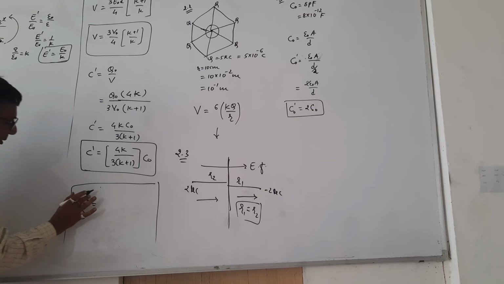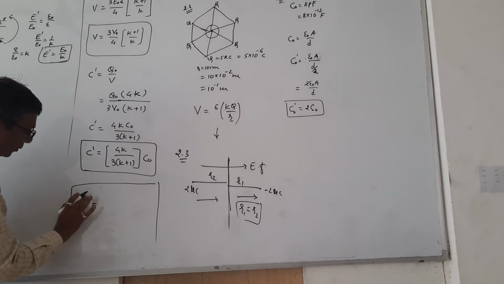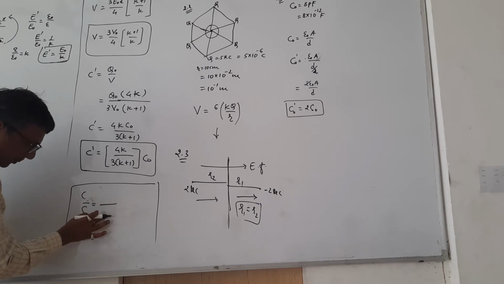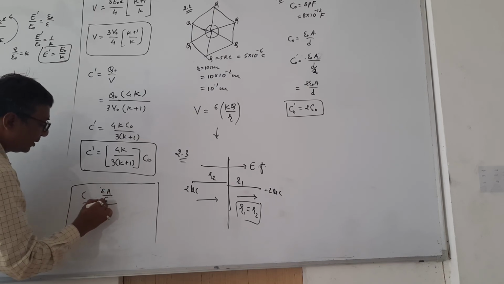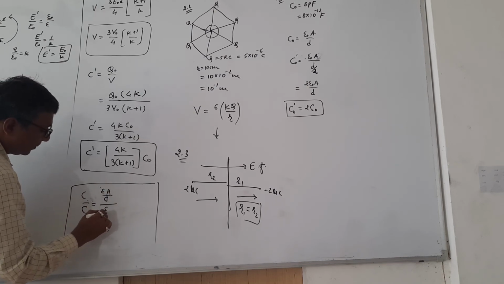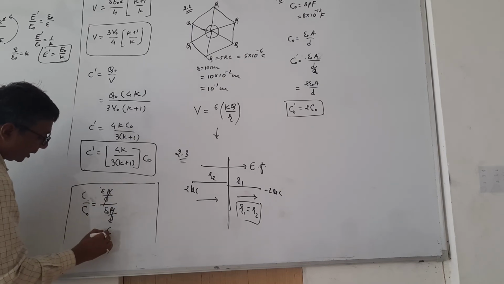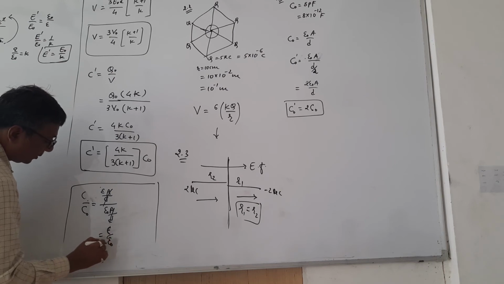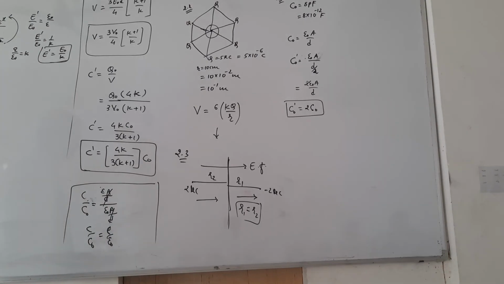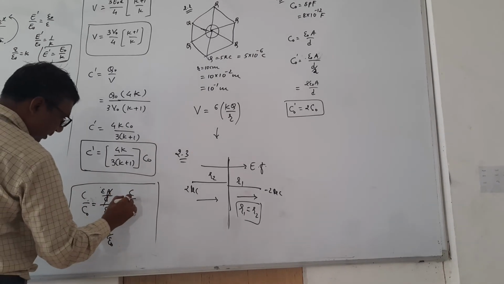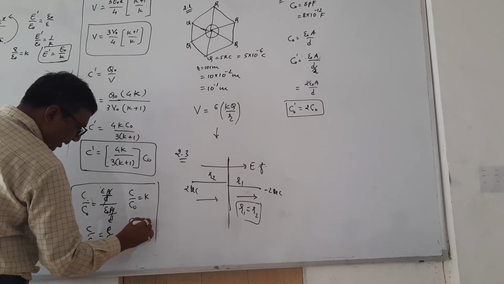What is C? The capacitance when any dielectric constant is inserted. C over here and C0 here, for vacuum. Epsilon A upon D, and here epsilon 0 A upon D. A and D cancel out. Epsilon upon epsilon 0 is C upon C0. Epsilon upon epsilon 0 is equal to K, that is the dielectric constant. So C is equal to K C0.